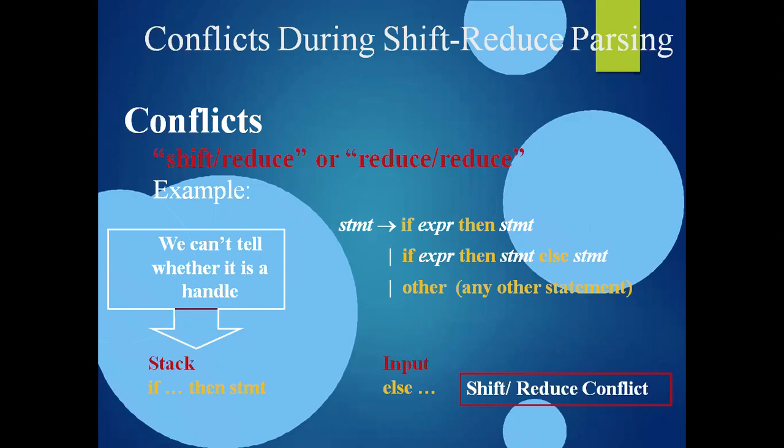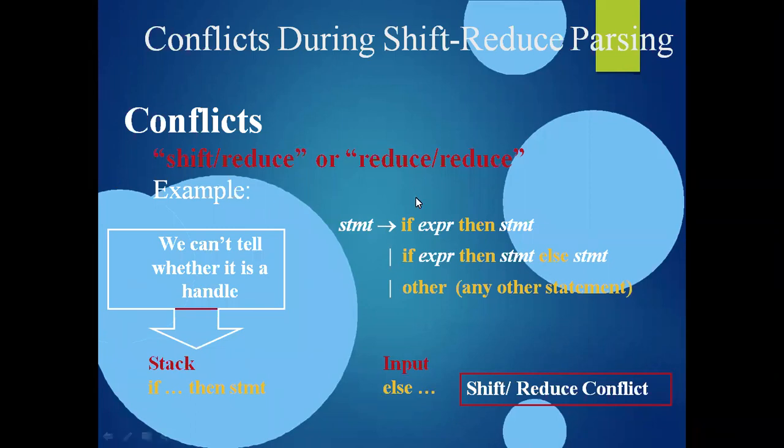The example is considered with a grammar: statement tends to if expression then statement, or if expression then statement else statement, or any other statement, right? This is the given grammar.